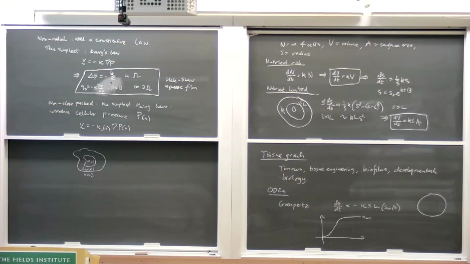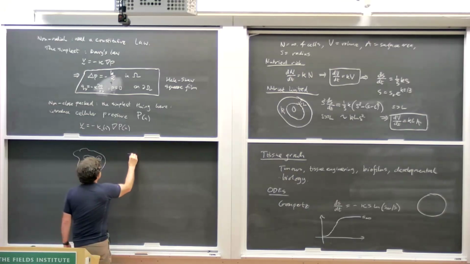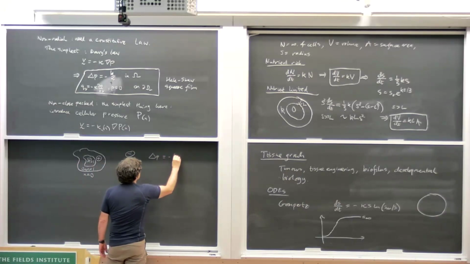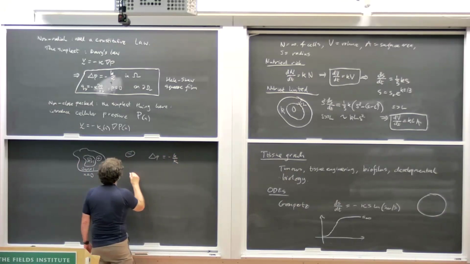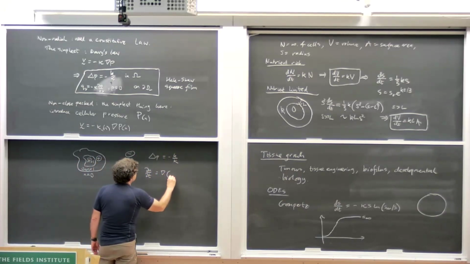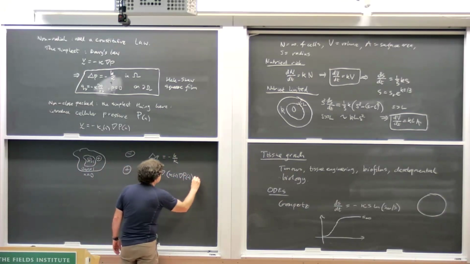The inside bit will be plus, and the minus will be as above, so the Laplacian of P is minus k over kappa, and then the plus part will be dn by dt equals div of kappa n grad capital P of n, plus k of n.